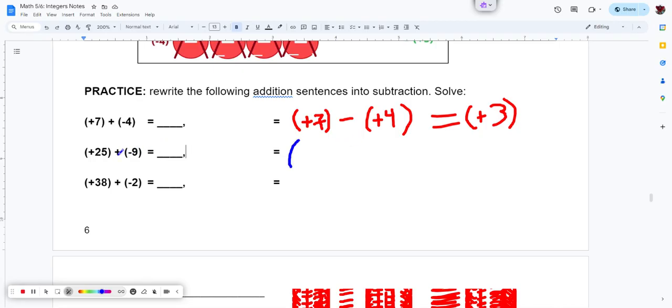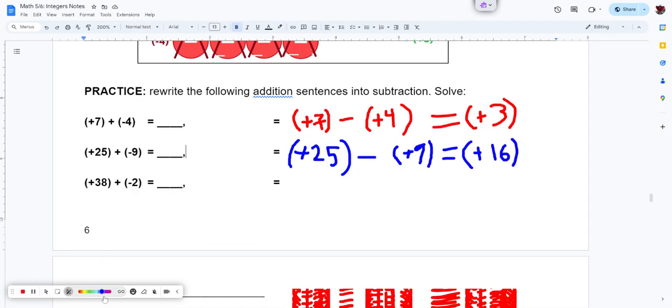Well, I know my first term won't change. It stays the same, so positive 25, just like it was before. I will change my adding a negative into subtracting a positive. And 25 subtract 9? Yeah, you bet. That's just 16. Positive 16.